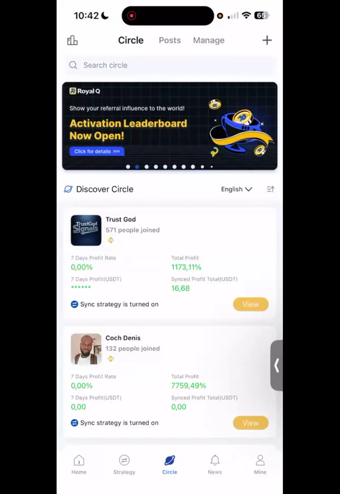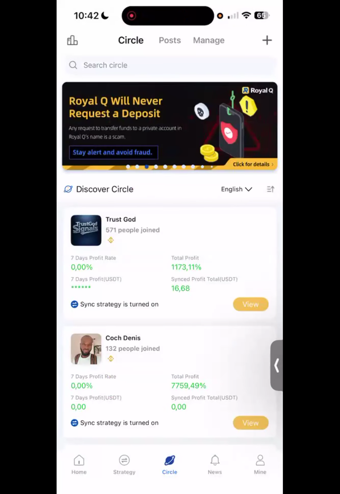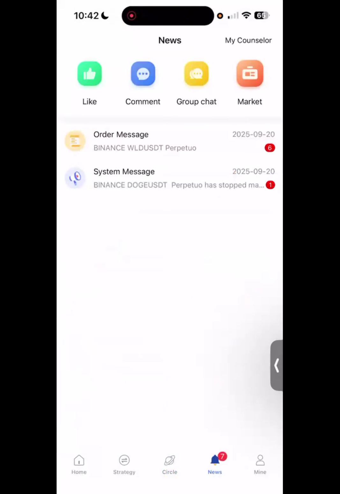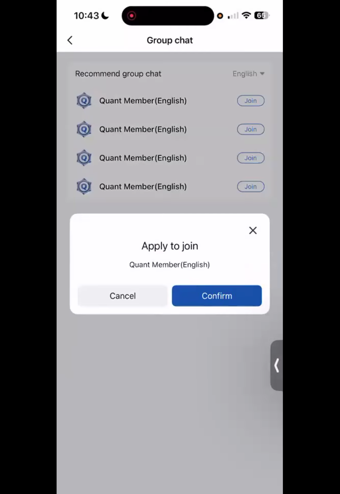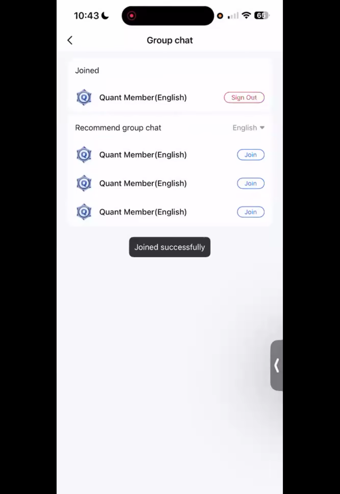All right, so let us move out and go to news. Under the news, you still see the like button, the comment section, the group chat. So you join depending on the rank that you are. Okay. So let's say I join Quant member, confirm. If I want to sign out, I'll just tap on sign out.